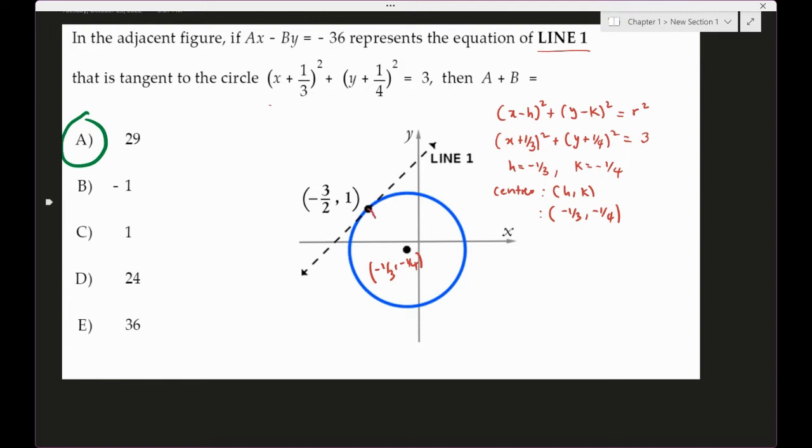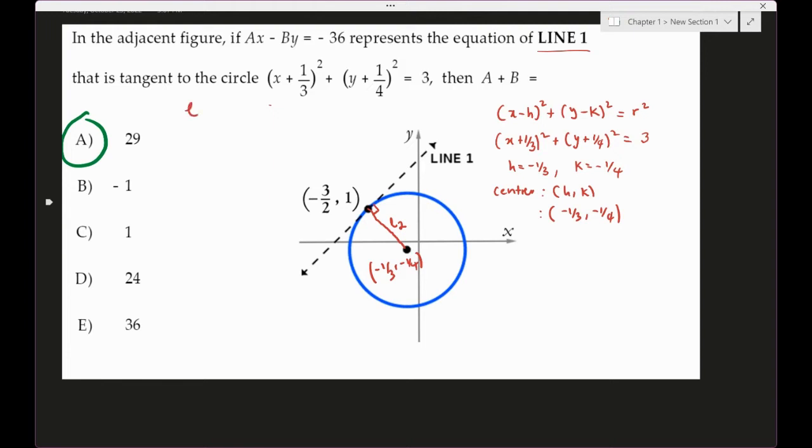Now we can construct a line by joining these 2 points, the center and the point on the circumference here. If we look carefully, there's a 90-degree right angle between these lines. Let's call this line 2, which is the red line. What can we say?